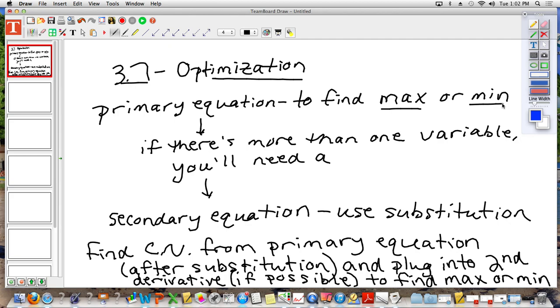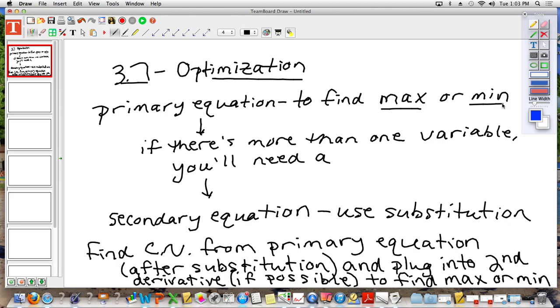If there's more than one variable, in other words, you're talking about 2 completely different numbers, you're going to need to write a secondary equation. Once you write your secondary equation, you are going to solve for one of the variables in your secondary equation, and you are going to substitute it back into your primary equation.